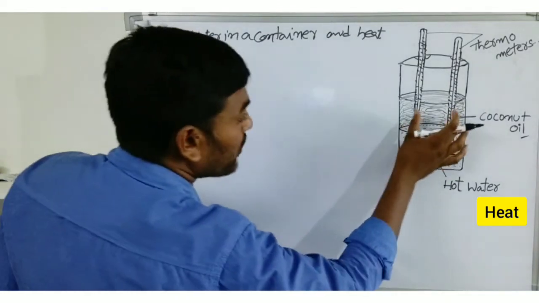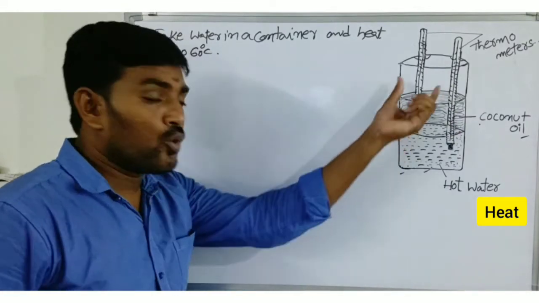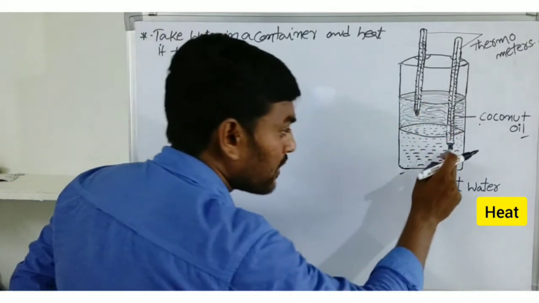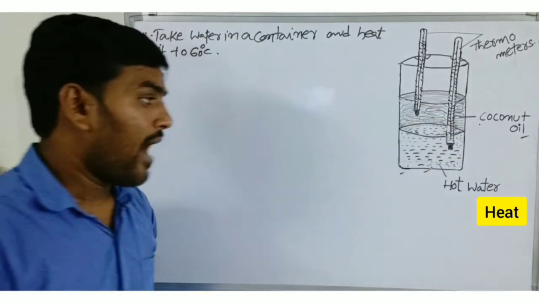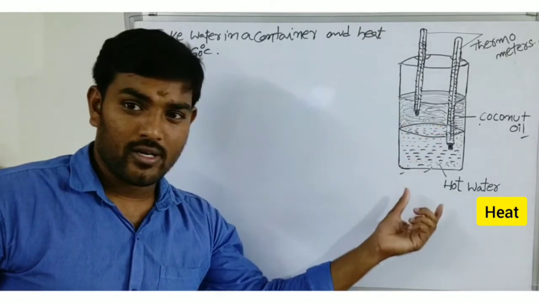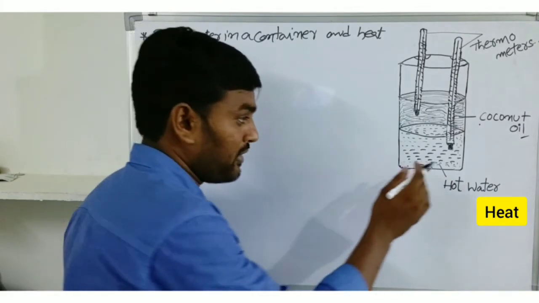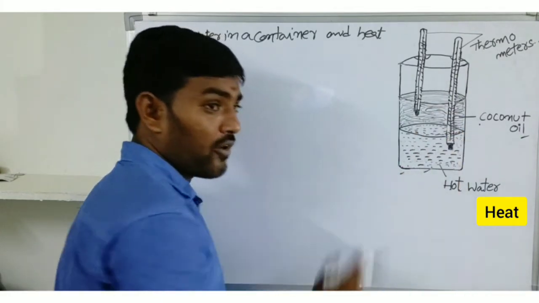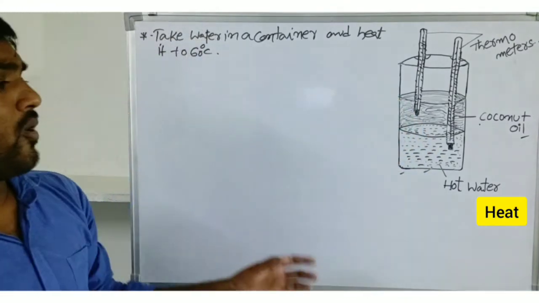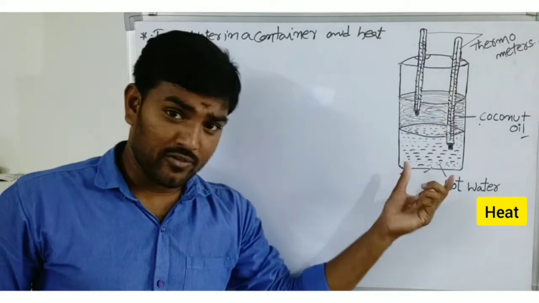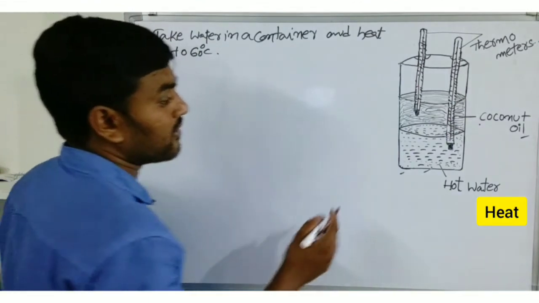Next, put a lid with two holes on the top of the glass jar and insert two thermometers. The bulb of one thermometer is inside the hot water and the other is in the coconut oil. Now we can observe the mercury readings of the thermometers.